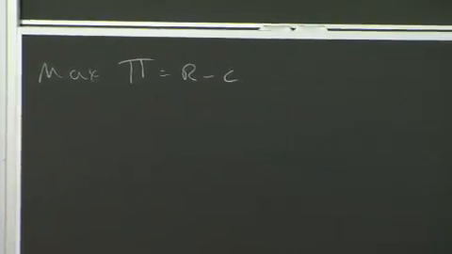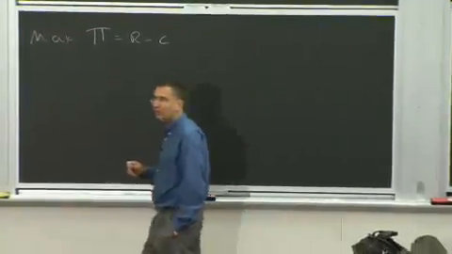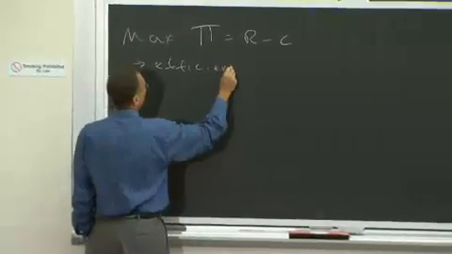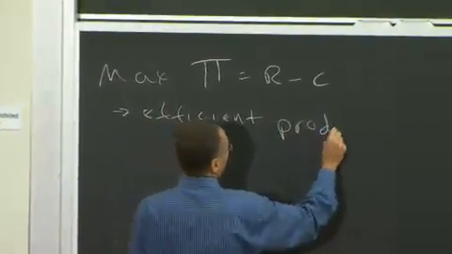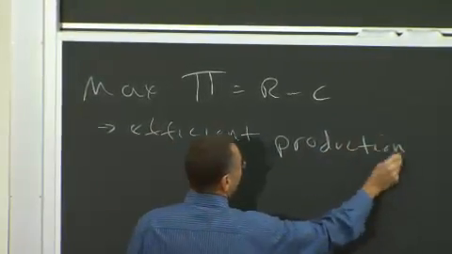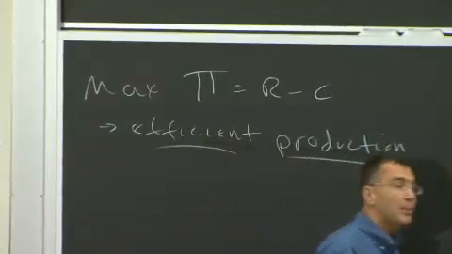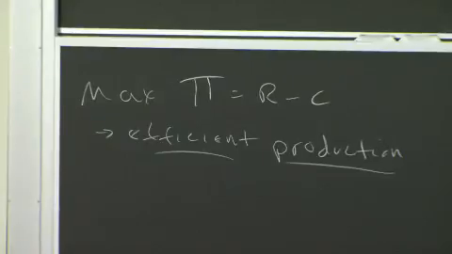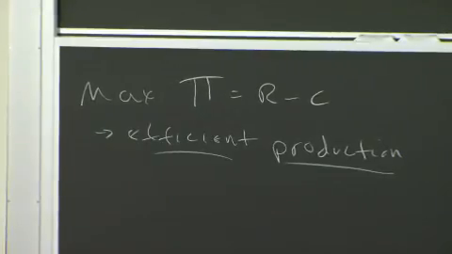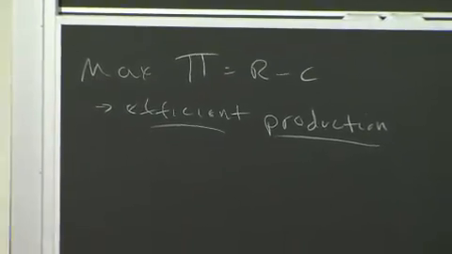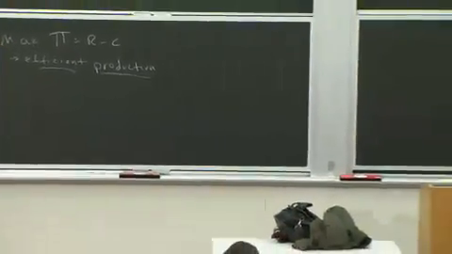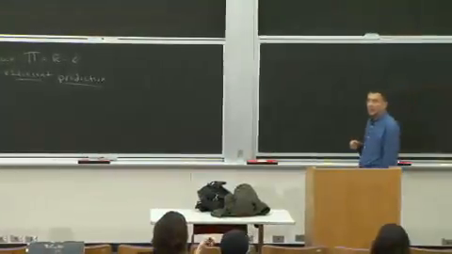And the key to maximizing profits is efficient production. The key is going to be to produce goods as efficiently as possible. So profit maximization requires production efficiency. To maximize your profits, you need to produce as efficiently as possible.